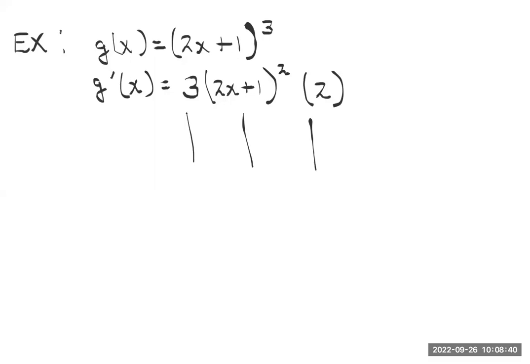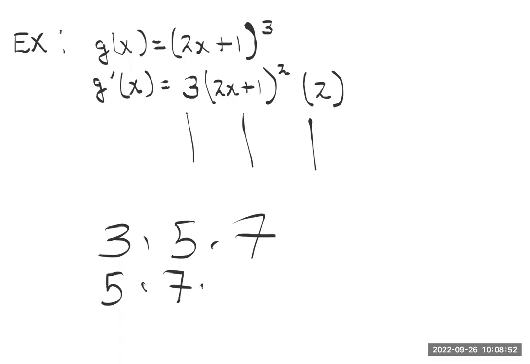This is all multiplication. So technically, order doesn't matter when you multiply. You know, 3 times 5 times 7, or 5 times 7 times 3, or 5 times 3 times 7. Those are all going to get you the same answer, because you're going to multiply 2 of the numbers together and then the other one.